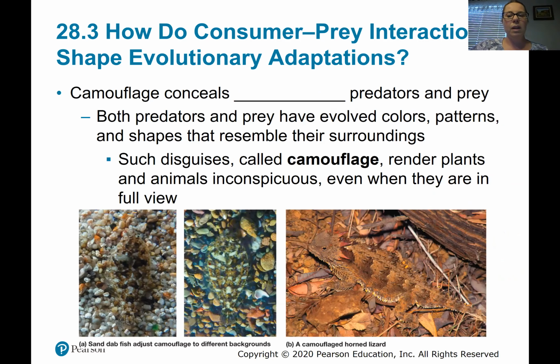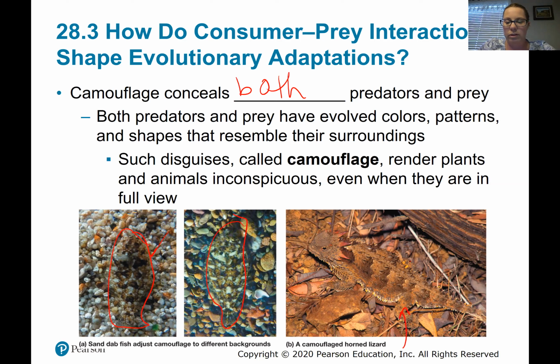Okay. Another way to help prey items and also, excuse me, both prey and predators is camouflage, and basically blending in with the background. And we have some examples here. The sand dab fish can blend in with different types of rocks there.